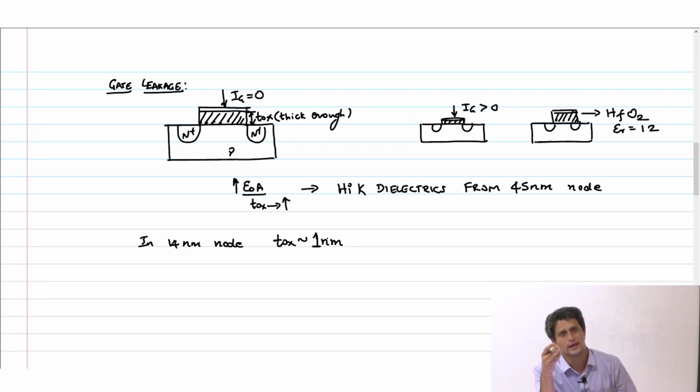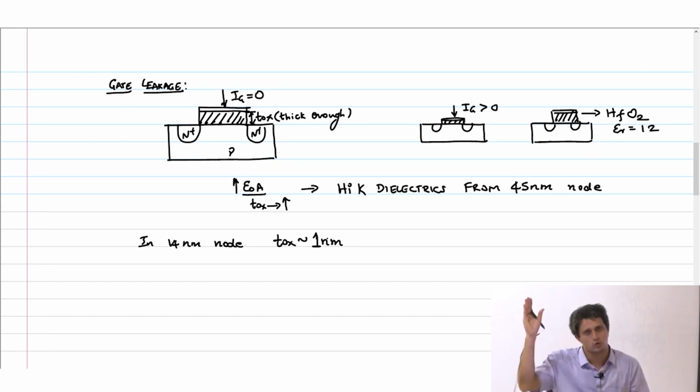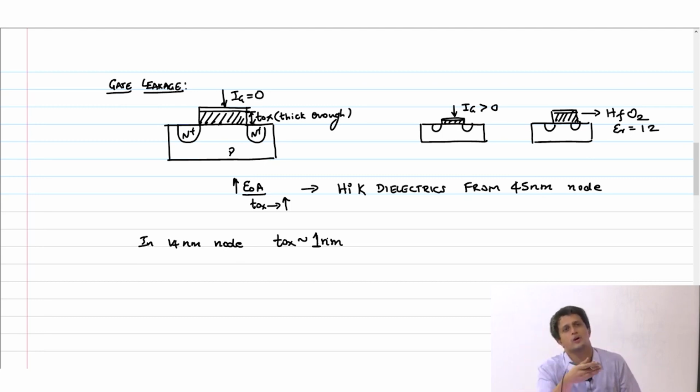How much barrier, you need energy to cross those barriers. So in 14 nanometer, you have also been able to bring down the supply voltage from 1.2 volts or something in 45 nanometer to 0.8 volt. So therefore, you can bring the thickness down a little further. So it's not just the dimensions that scale, it's also your supply voltage that has to scale. So therefore, it is still sort of okay.